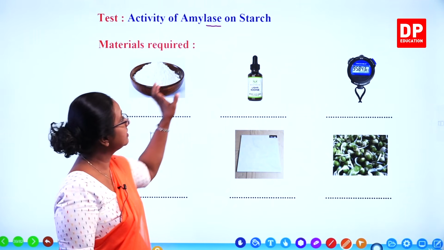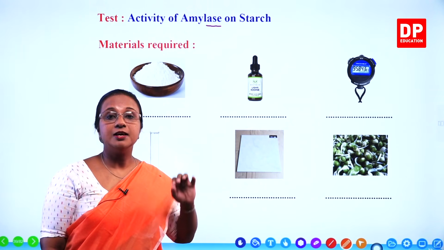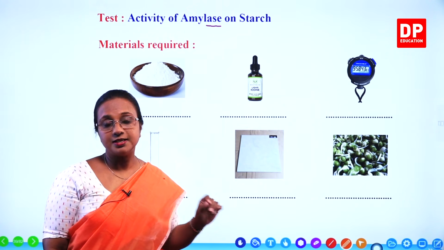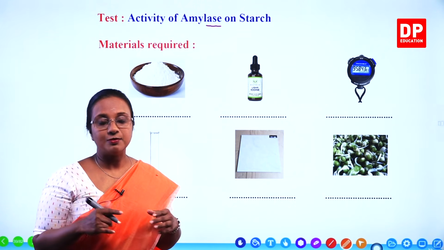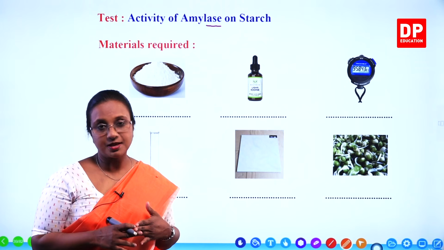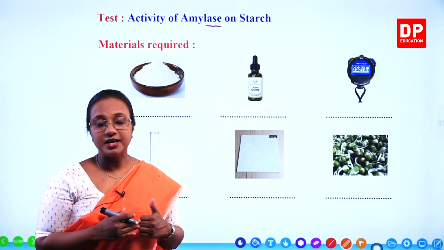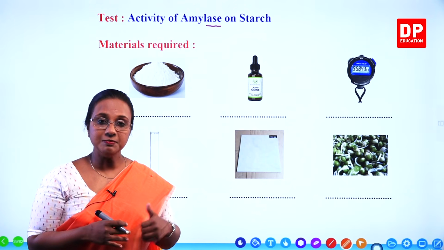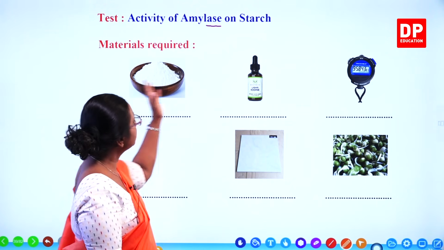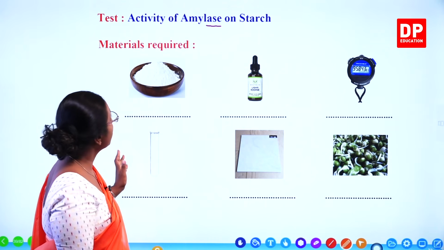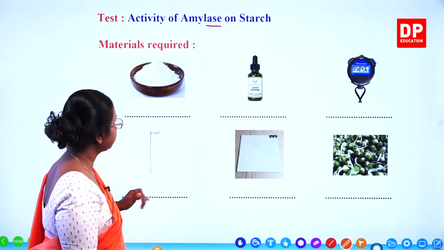Here, amylase is for starch and enzymes are usually specific to a certain substrate. One enzyme for one substrate or more than one enzymes for a certain substrate. So, they are very specific. The action of enzyme or activity of enzyme is very, very specific. And here we use these materials to demonstrate the activity of amylase on starch.